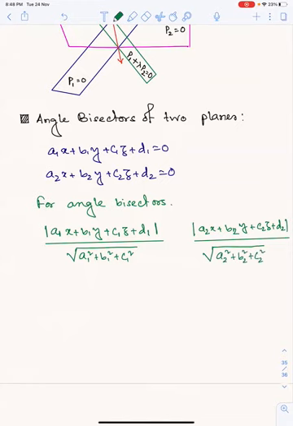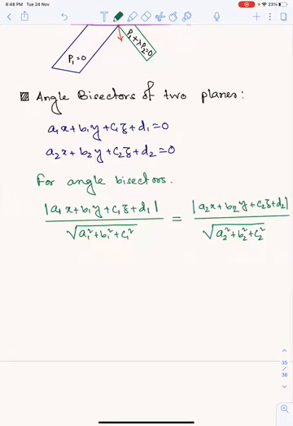Can you follow these distances? Now for the angle bisector, both these distances have to be equal. Then only the point can be on the angle bisector. So this is the combined representation for the angle bisector planes.